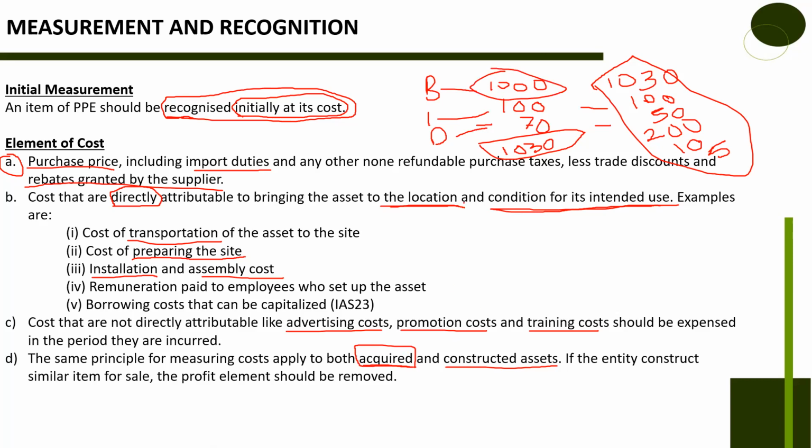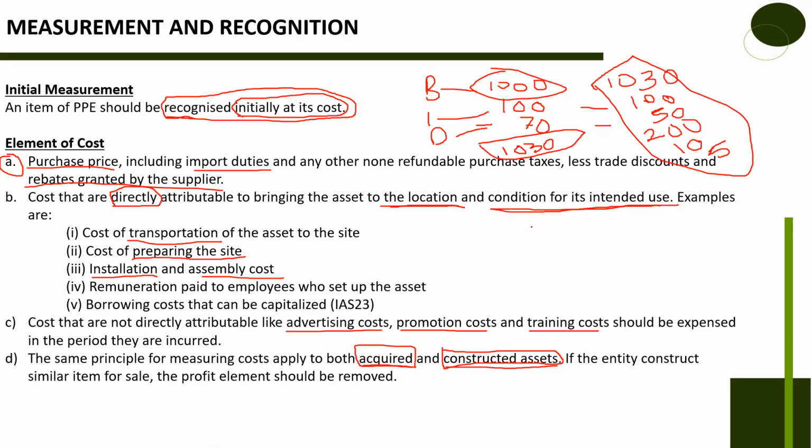Now, we're saying that this same principle also applies to assets that you decide to construct yourself. Let's give an example. Let's say you decided to construct a house or your office. You did not buy the office; you decided to construct it.